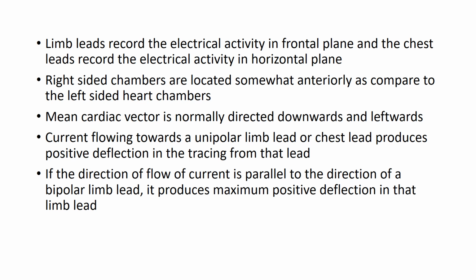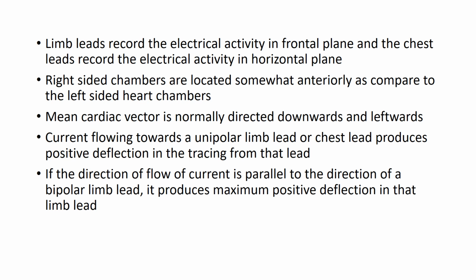The first is that limb leads record the electrical activity in the frontal plane, that is, the electrical current moving upward or downward. And the chest leads record the electrical activity in the horizontal plane, means the current flowing towards the anterior chest wall or flowing away from the anterior chest wall.